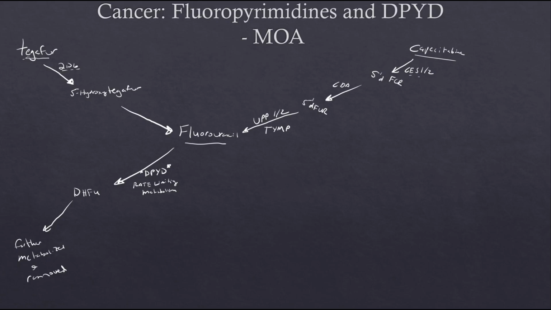And this is actually the rate-limiting metabolism step, so that's why it's so critical to the clinical outcomes that we're going to talk about. And that's metabolized into dihydrofluorouracil, which is then further metabolized and removed from the body.